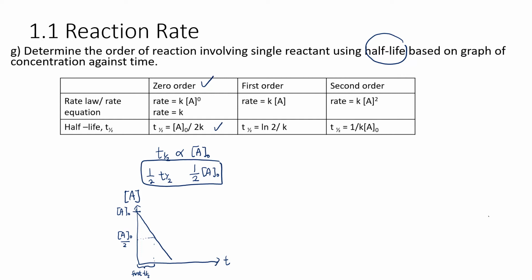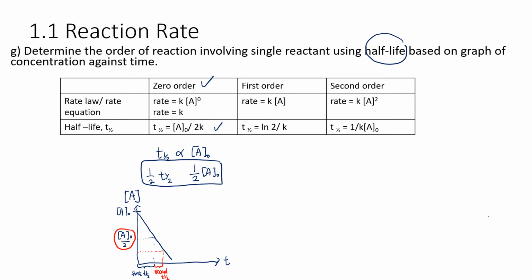For the second half-life, we need to use the initial concentration, which is half the initial concentration of the first half-life, and the time taken will be this much. So this is the second half-life.